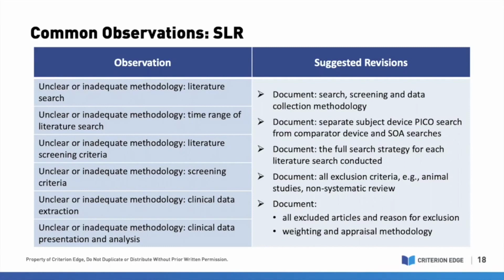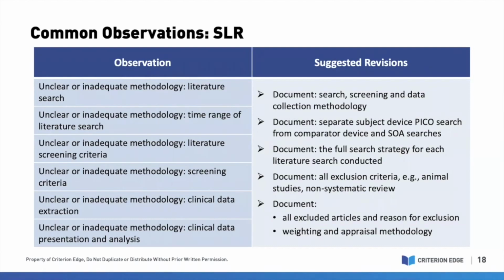Suggested revisions based upon these findings is to document. And again, it's no surprise that if there's unclear methodology, you need to do a better job of documentation in your process flow. So be sure to document your search, screening, and data collection methodology. Separate those subject device and PICO searches from the comparator device and state-of-the-art searches.